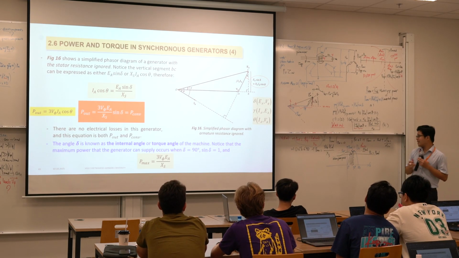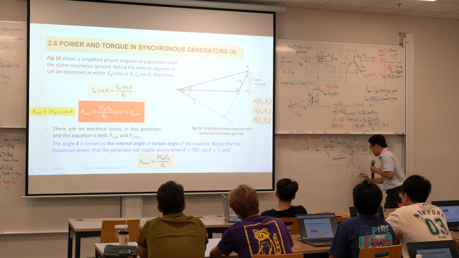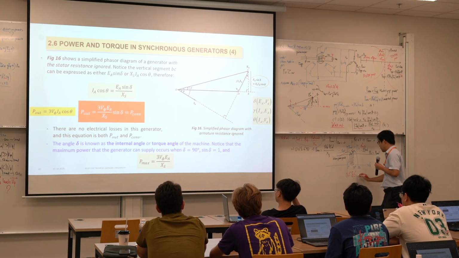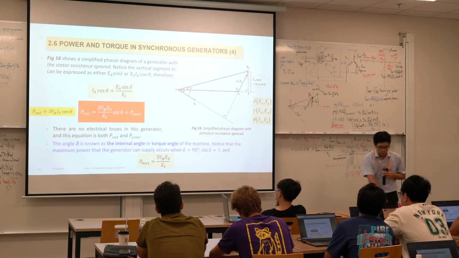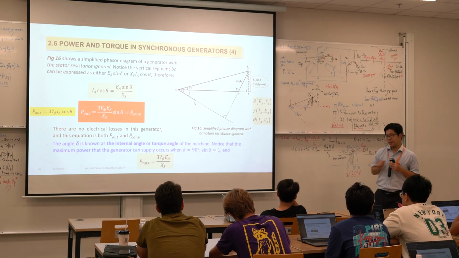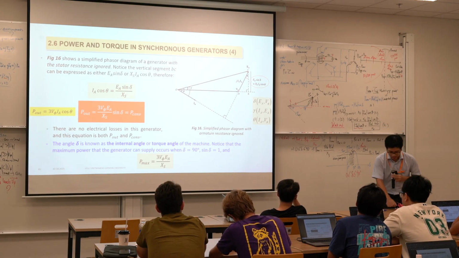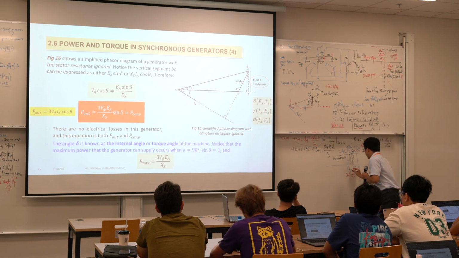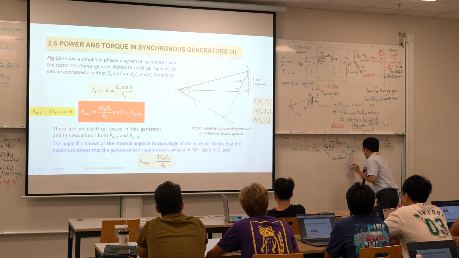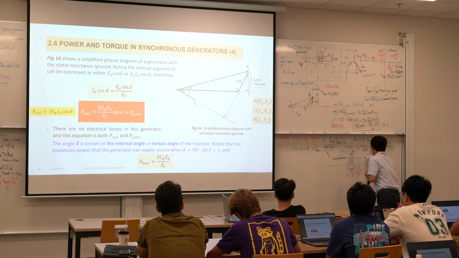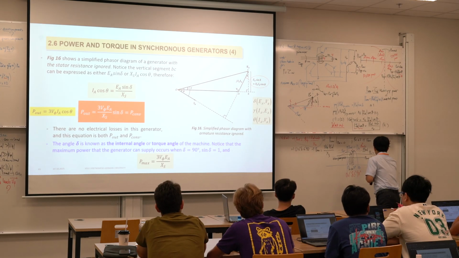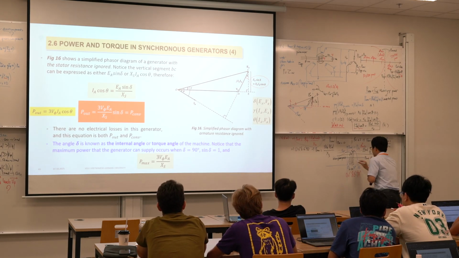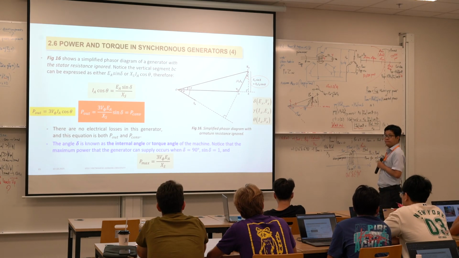That is the reason we need to limit delta higher than 0 and less than 90 degrees, as I mentioned before. This is the answer. For safety and reliability, normally we choose delta at 30 degrees, somewhere here. So this is P load for reliability or safety.